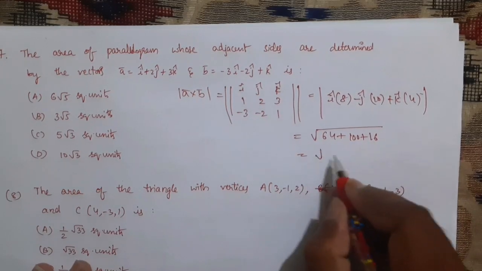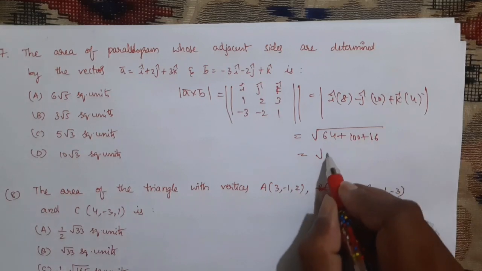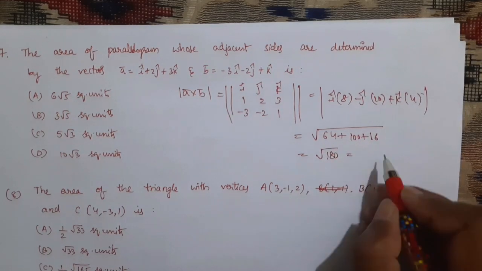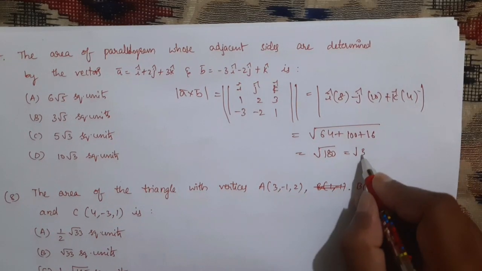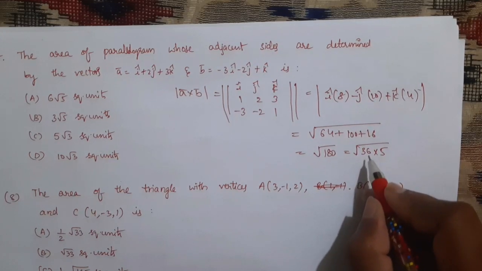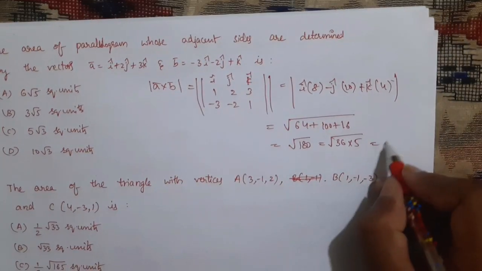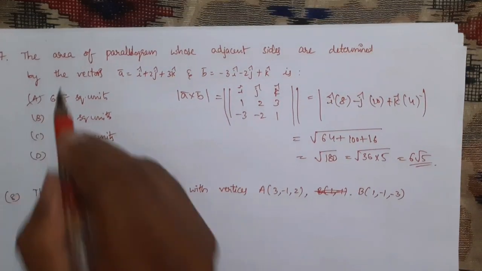So you will get square root of 64 plus 16 which is 80 plus 100 is 180. So this 180 you can write as 36 into 5, 5 threes are 150 and plus 30 is 180, so 36 you can write as 6 root 5 square units area. So that is option A.